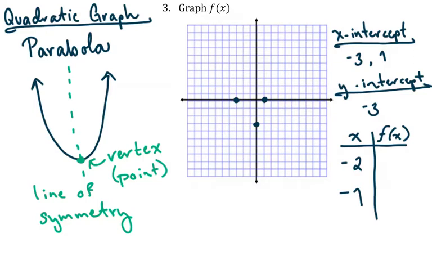If we plug in -2, you end up with -3. If you plug in -1, you end up with -4. And so that gives us 2 more coordinate points we can put on our graph. And now you see we have a much more symmetrical parabola, which we can draw in like this.